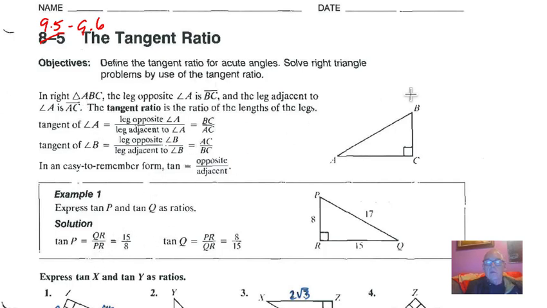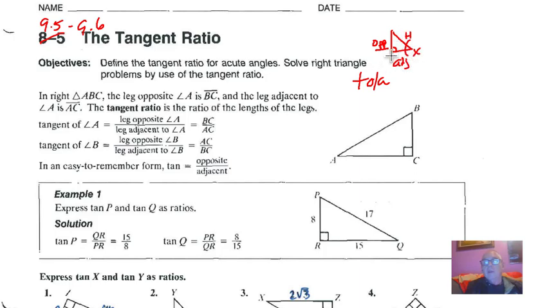And so let's see what we got with this. So tangent is opposite over adjacent. If you know where the angle's at, the hypotenuse is always opposite the right angle. The opposite side is the side other than the hypotenuse that doesn't make up the angle, and the adjacent side is a side other than the hypotenuse that is part of the angle.